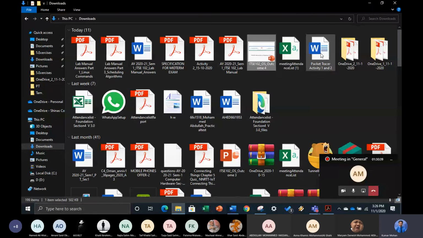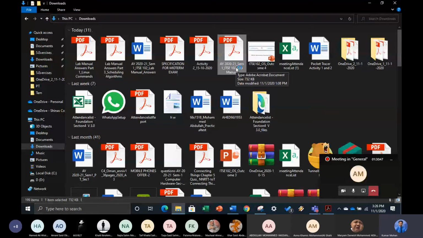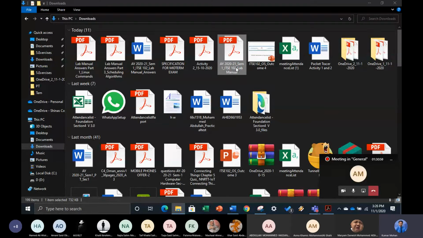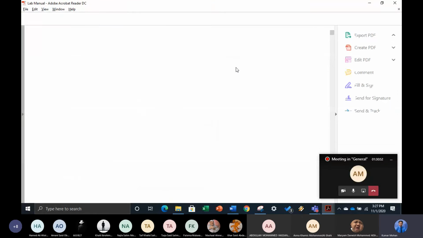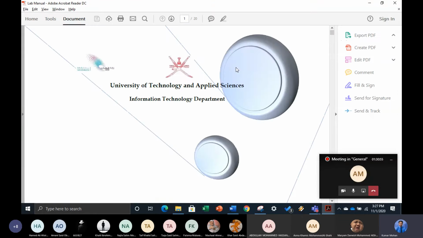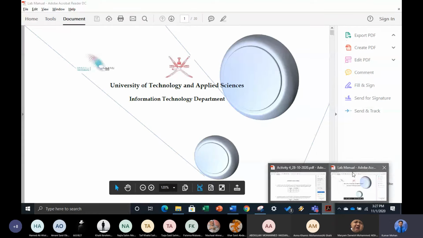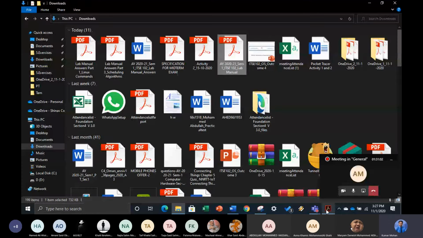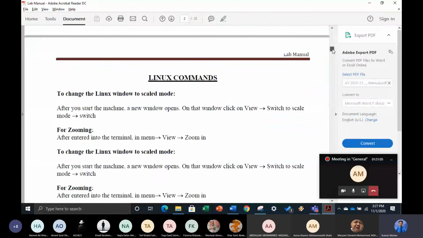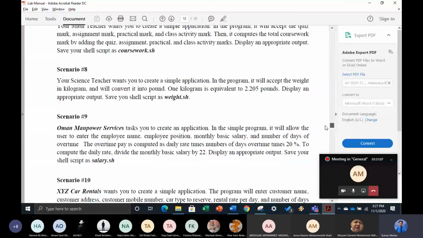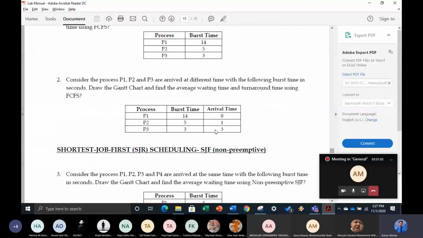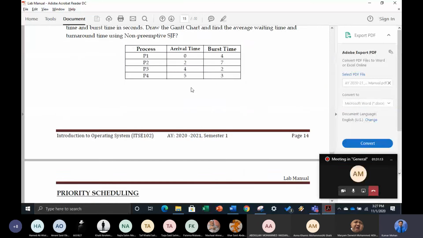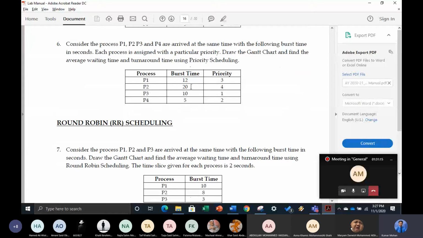Open your lab manual, go to round robin. Do all these things given in the lab manual, then only you will understand.